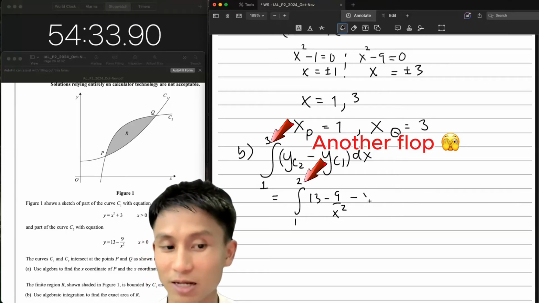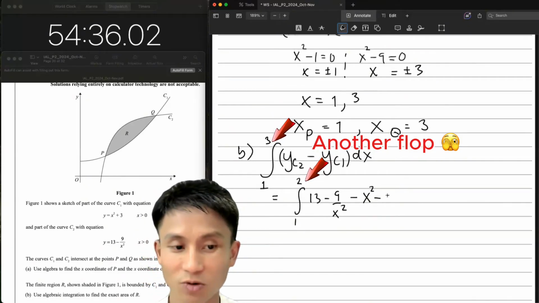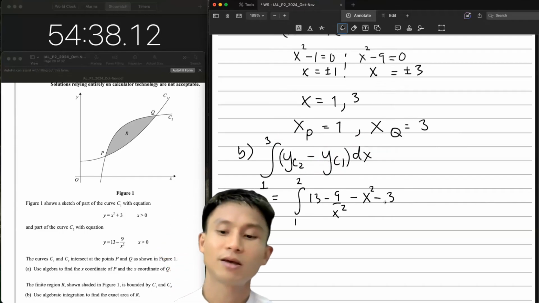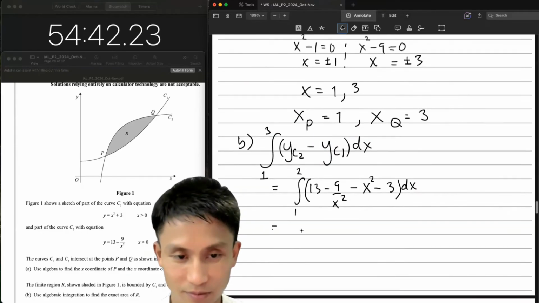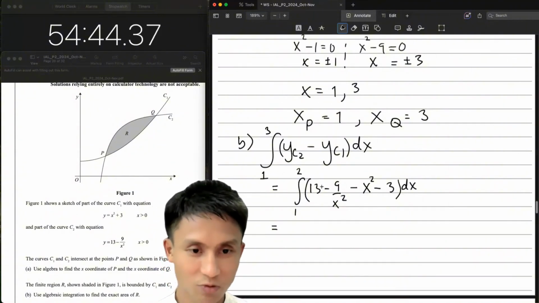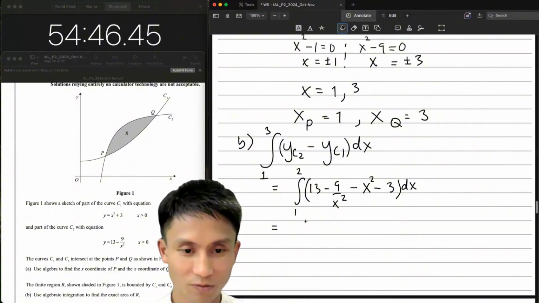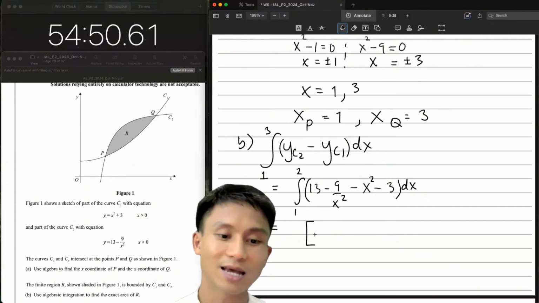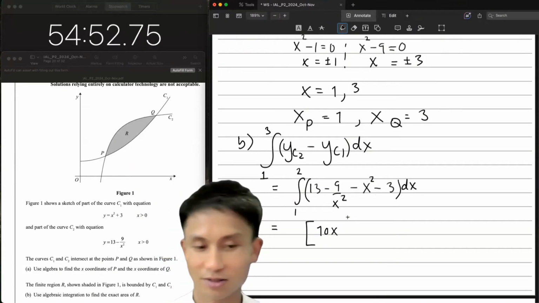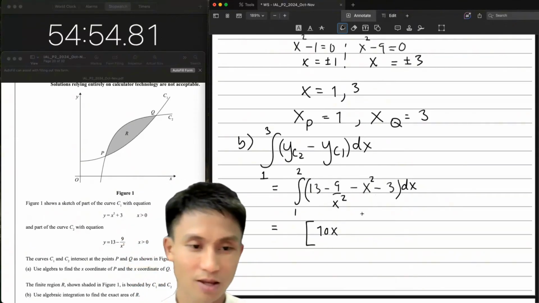If I expand the minus into the function, I get minus x squared and minus 3 all together there. And don't forget the dx. Now, this will simplify to 10, because minus 3 and 13 simplify to 10. So I get a 10x first, integrating already here.